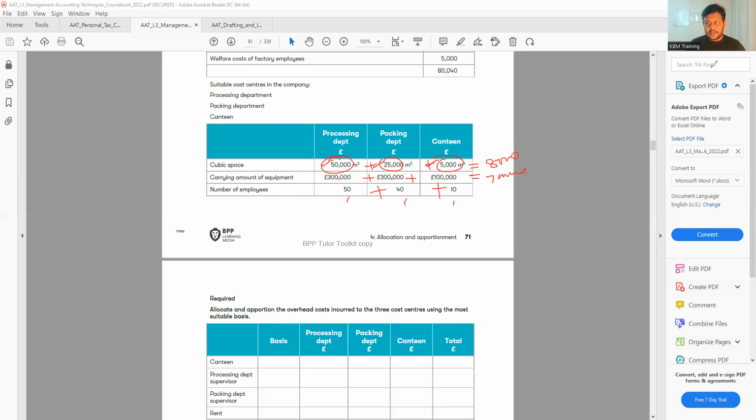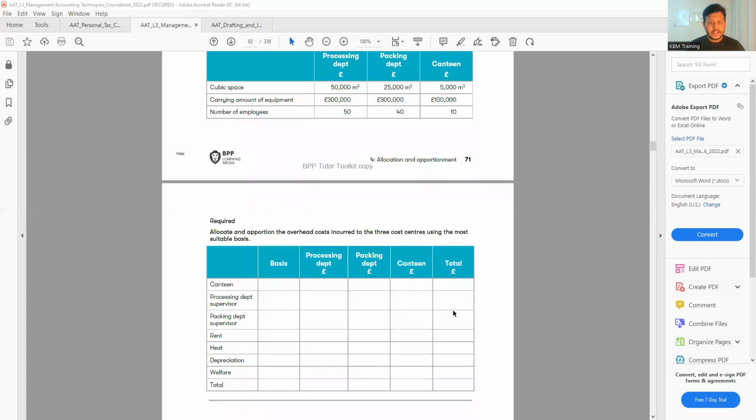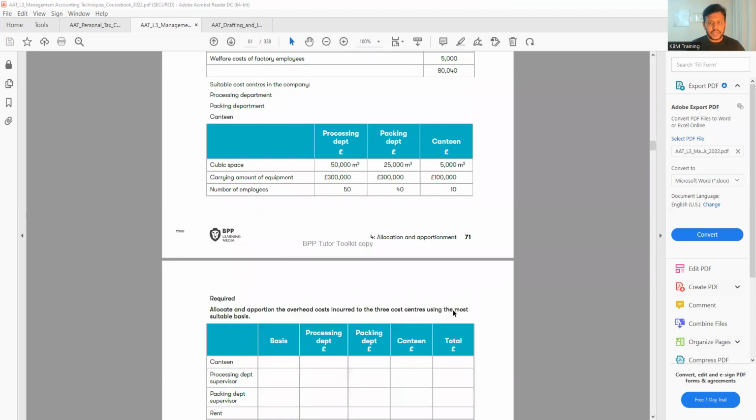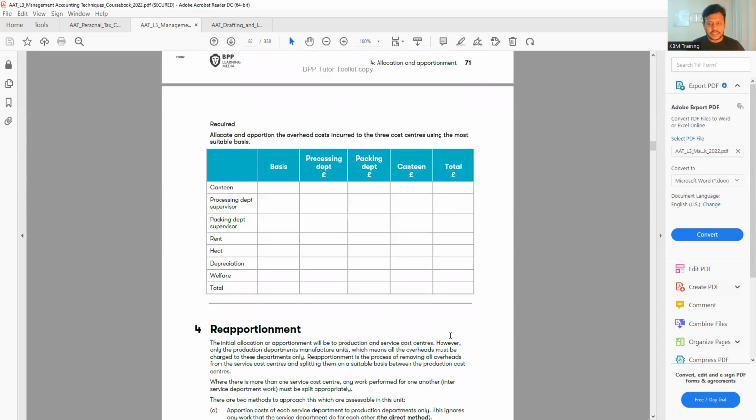All right, we cannot see all the question together, so we need to go back one by one. Let's start with these three: canteen is 18, packing is 10, and processing is 15. Let's do the allocation first.